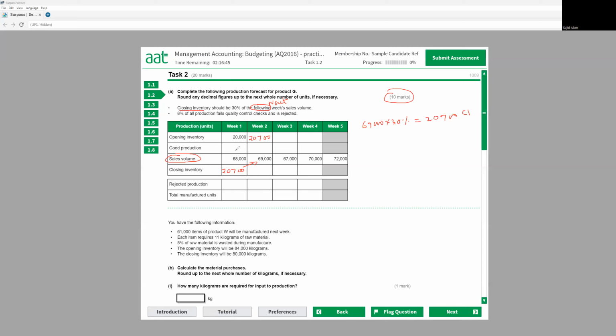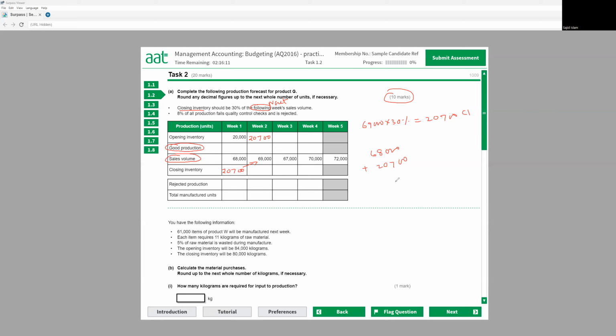So the first thing I need to look at now is how I can find out how many good units I need to produce. The sales demand is 68,000 units that I will sell. And I also need to keep 20,700, so after selling, I should have 20,700 in my stock, in my warehouse.